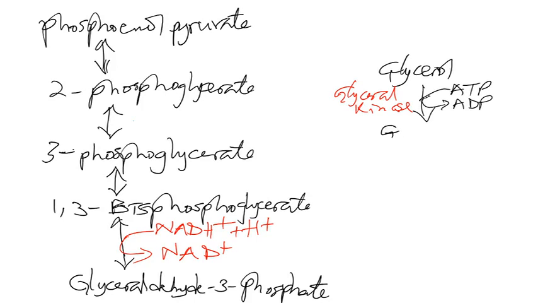So we are getting glycerol 3-phosphate. So the glycerol 3-phosphate is then acted upon by glycerol 3-phosphate dehydrogenase.